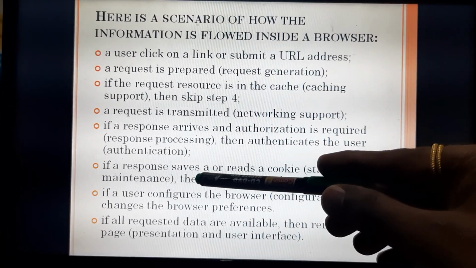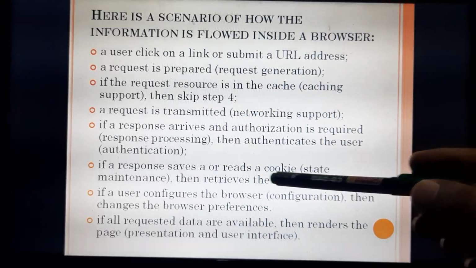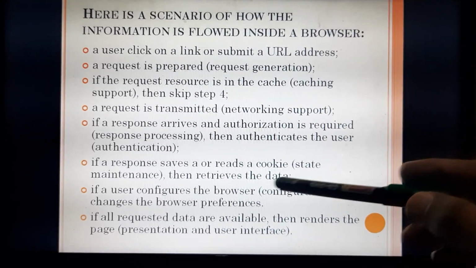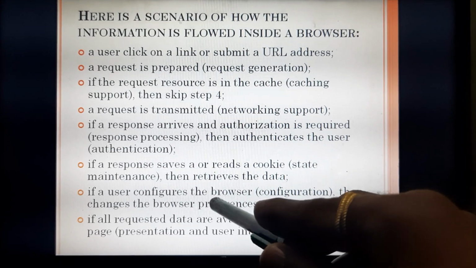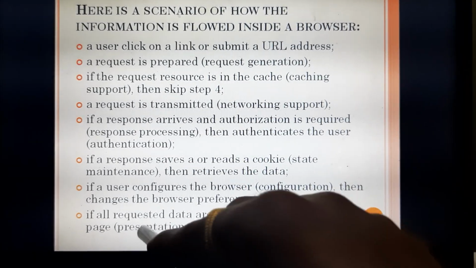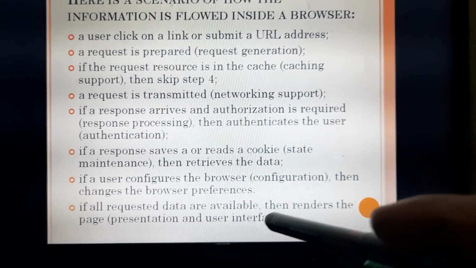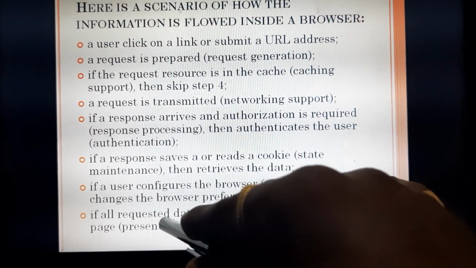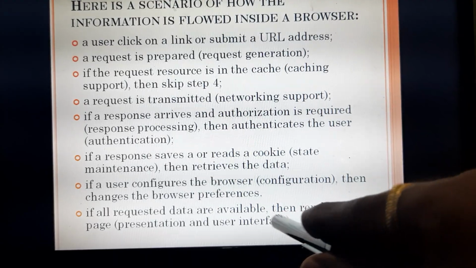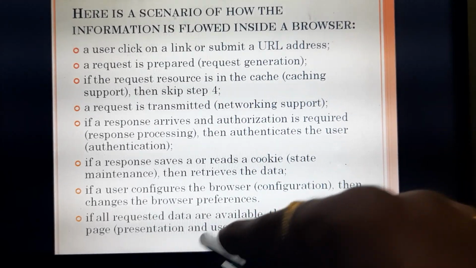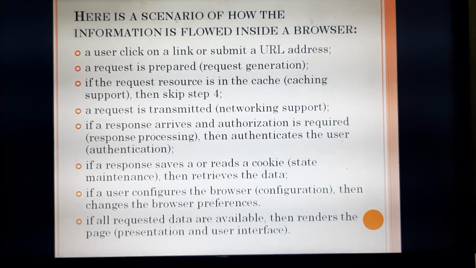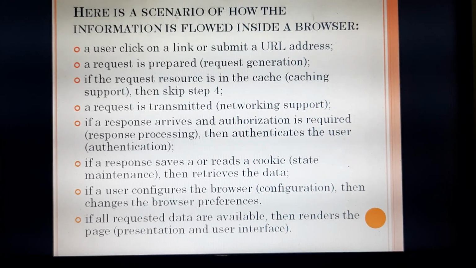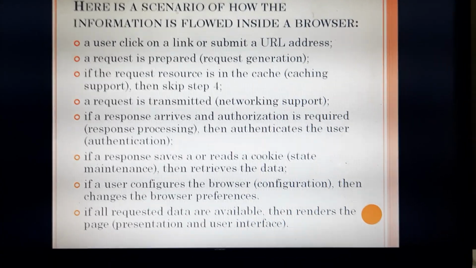If a response saves or reads cookies, then it retrieves the data. If the user configures the browser, then the browser preferences change. If all the requested data are available, then render the page. Rendering the page means presenting the page, and the user can interact with that page.